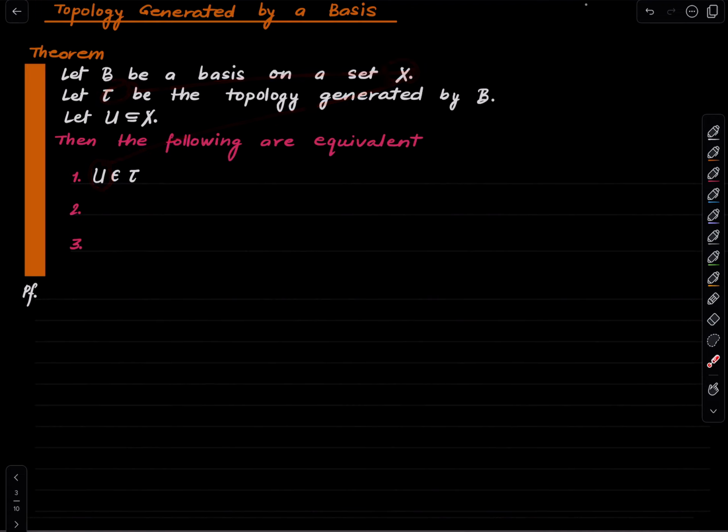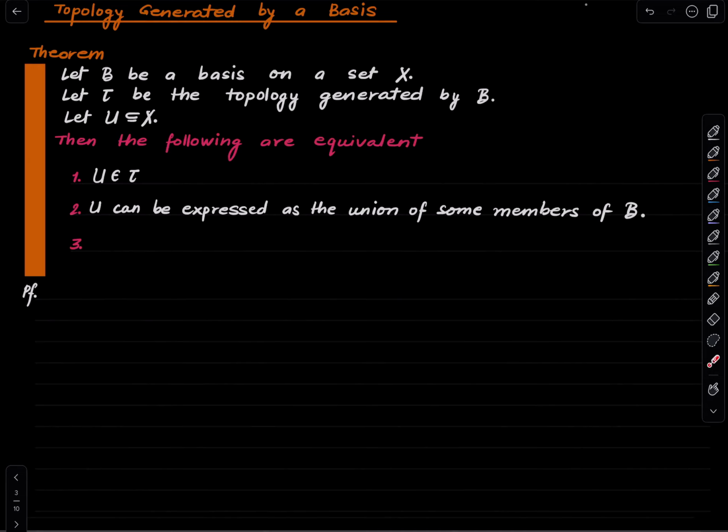This is another way to say the same thing. The second statement is that U can be expressed as the union of some members of the basis.